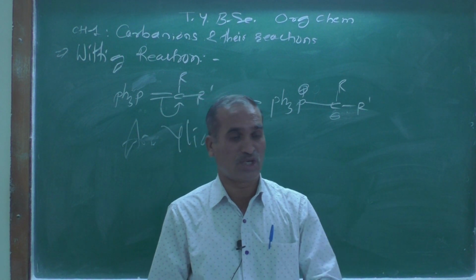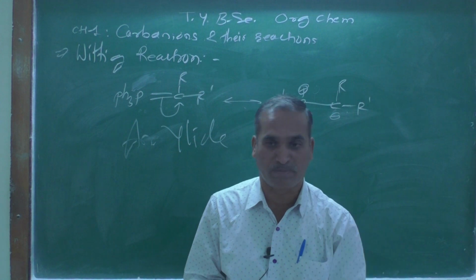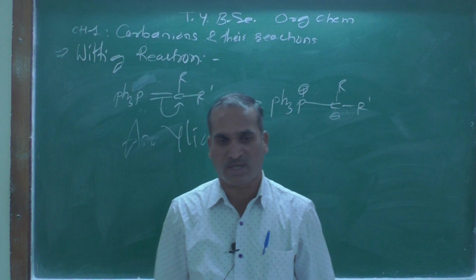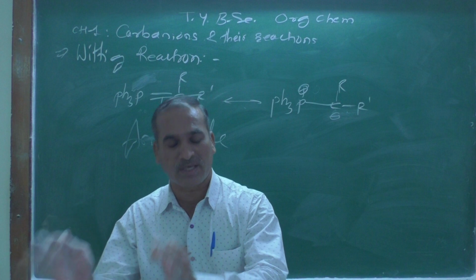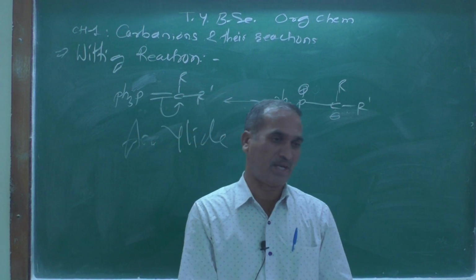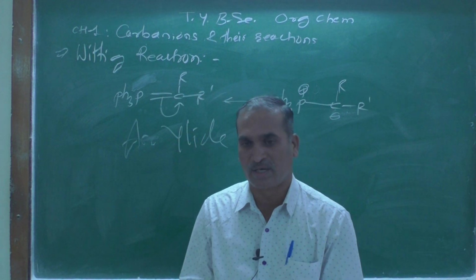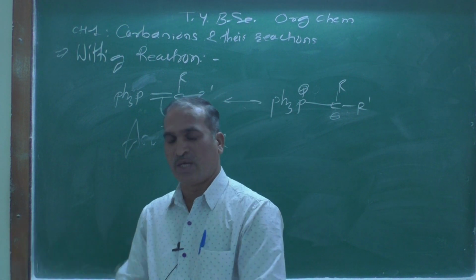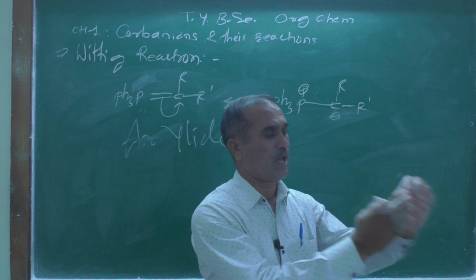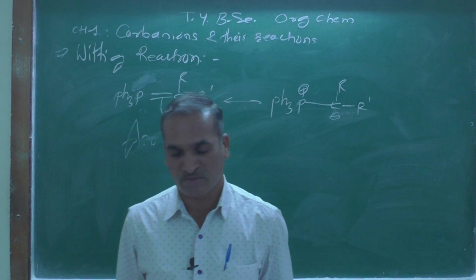When that reagent is treated with the carbonyl compound, whatever intermediate is formed is known as a betaine intermediate, which is further converted into an alkene. So that is called the Wittig reagent.